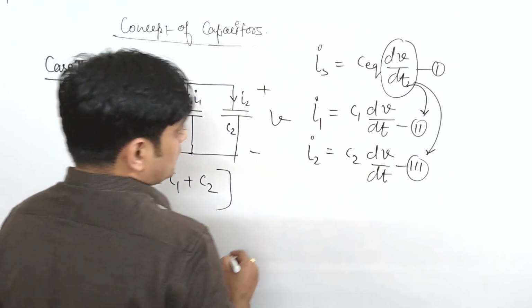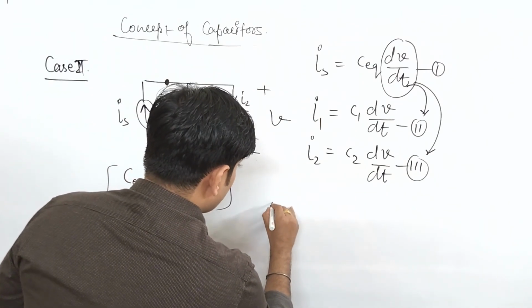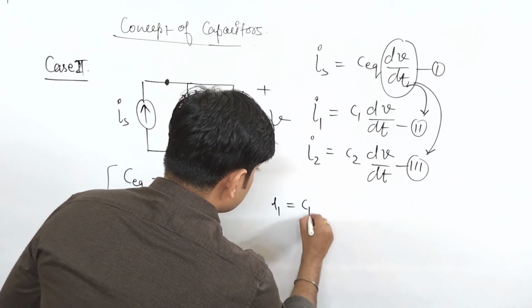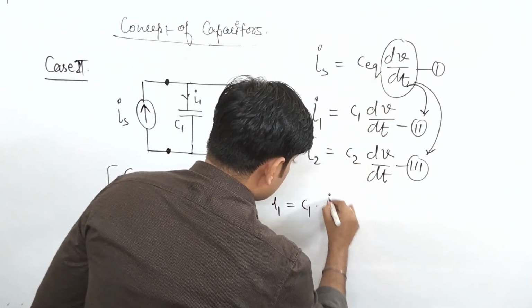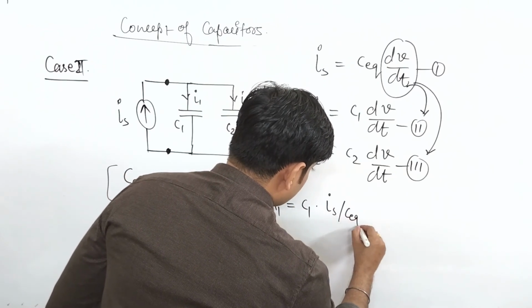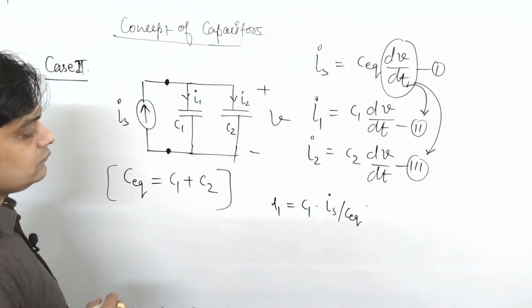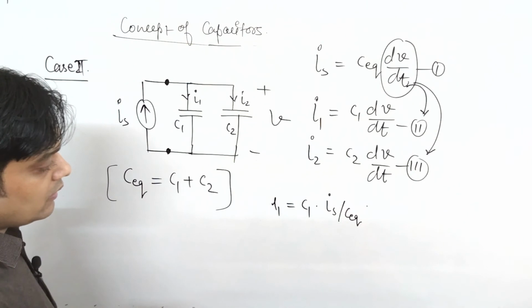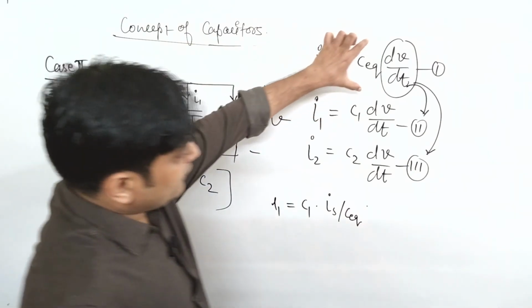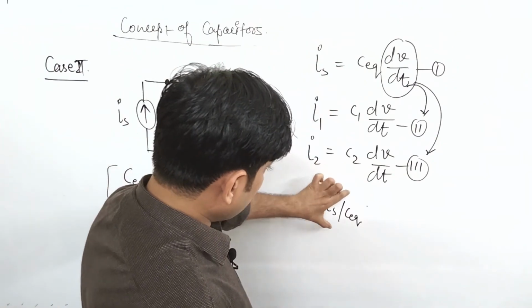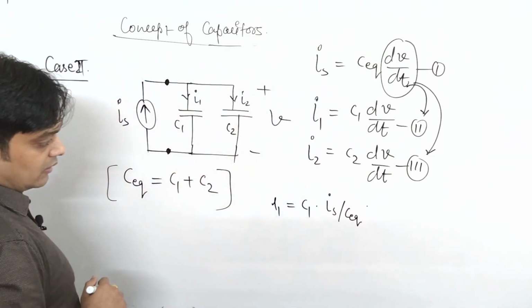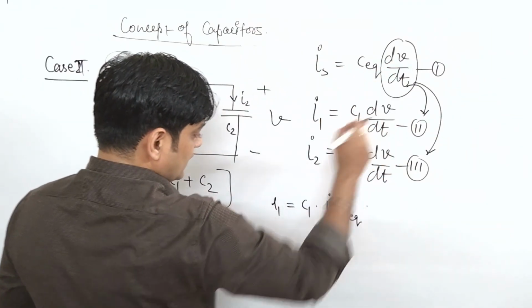So I1 is equal to C1 into, dV upon dt, which is Is upon C equivalent. Simply I have put this value here, from the first equation.